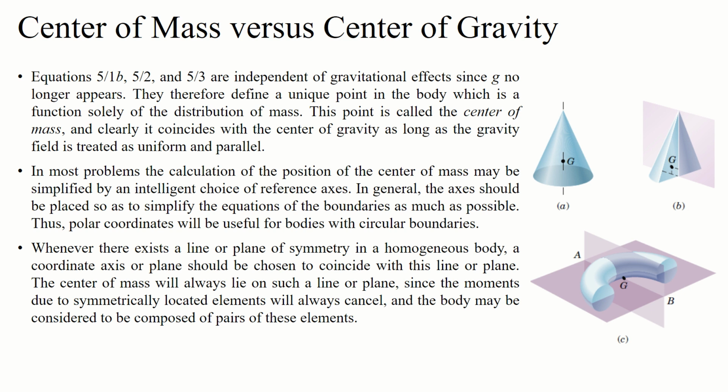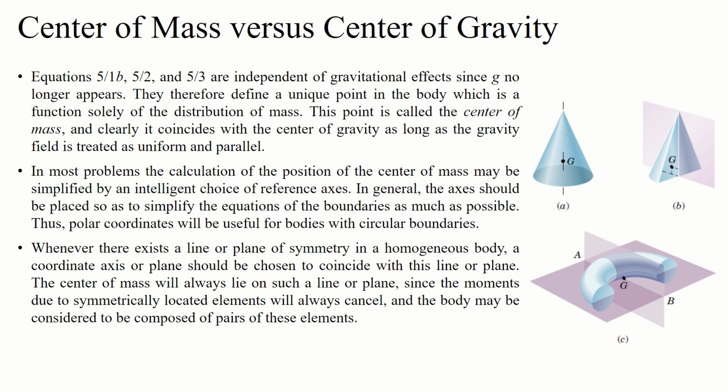Now, in most problems, the calculation of the position of the center of mass may be simplified by an intelligent choice of reference axes. In general, the axes should be placed so as to simplify the equations of the boundaries as much as possible. Polar coordinates will be useful for bodies with circular boundaries. Another important clue may be taken from the consideration of the symmetry of the body.